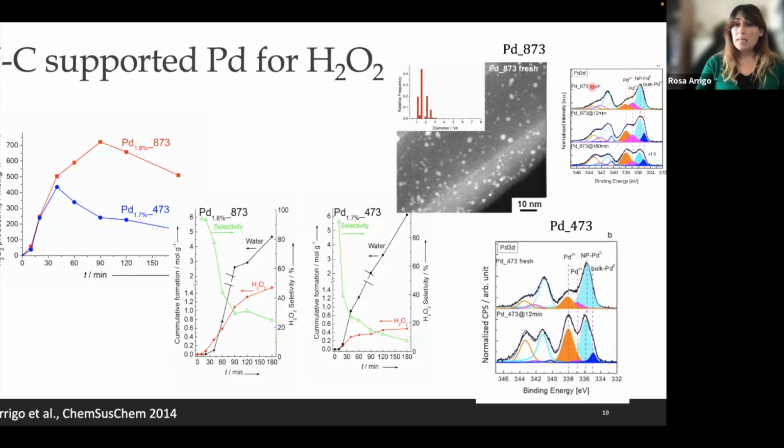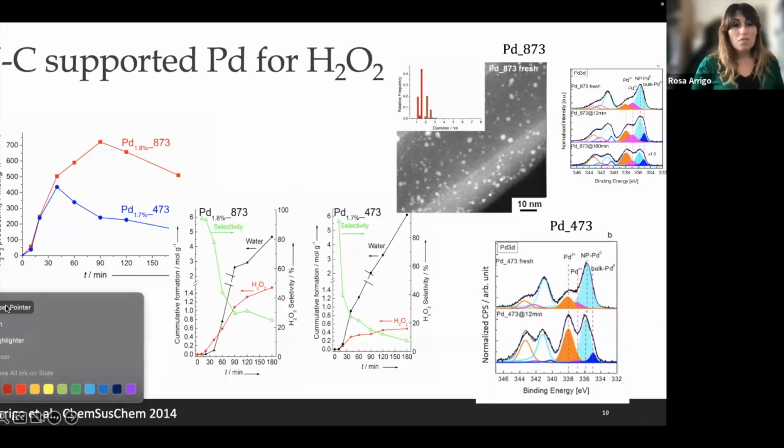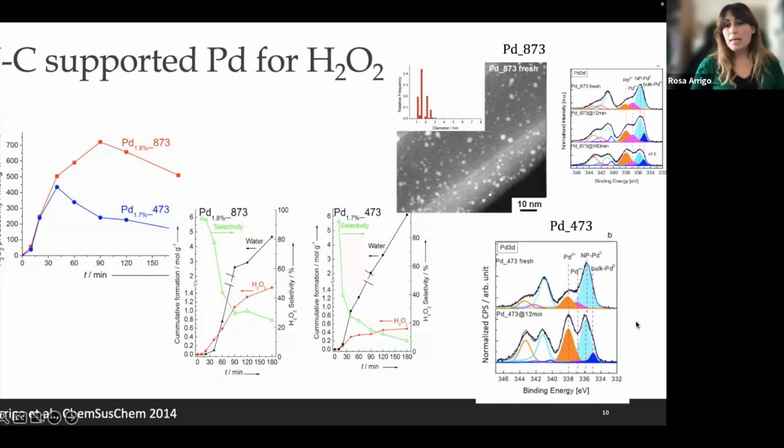Now you can see that at 12 minutes we see a bulk palladium formation, so we have sintering, and we also see some leaching, which are detrimental, but we still see that this interfacial palladium is preserved even after 180 minutes of reaction.